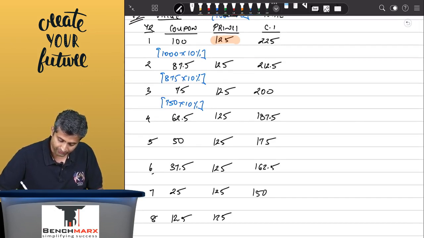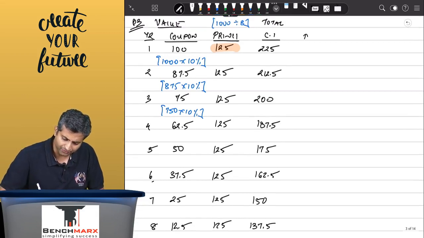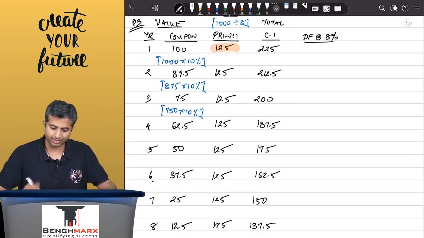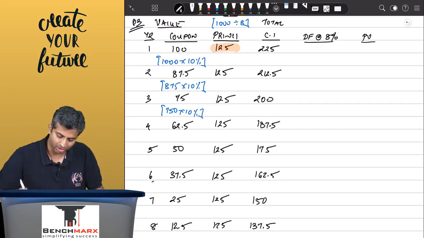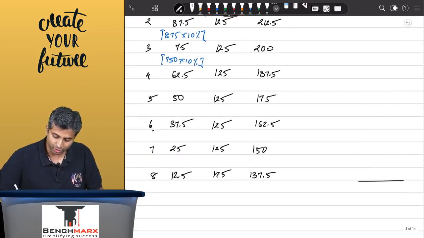So this is 150, this is 137.5, and we take the discounting factor. The discounting factor is at the rate of 8% in this case. Again, we can find the present value. Once you are comfortable, you can directly refer to the solution over here.